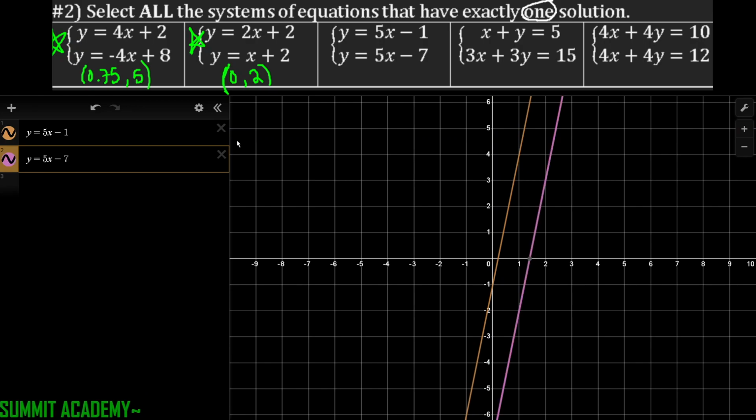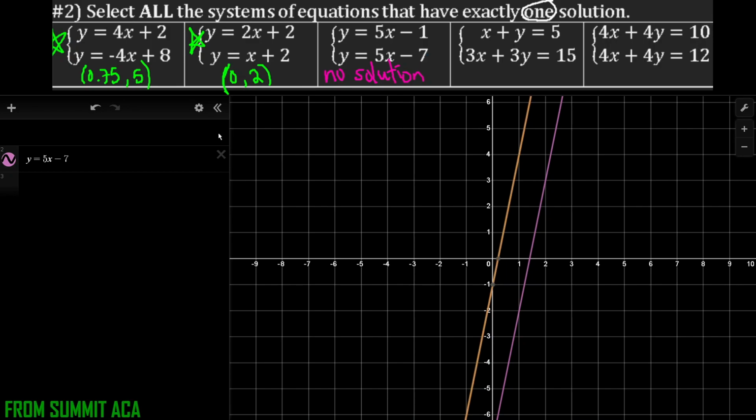And so what I notice is, for these 2 lines, both of them have a slope of 5, but they have different y-intercepts. So I'm going to say that for this system it has no solution. Sorry, this is going to be no solution. Again, we're only picking the ones that have exactly one solution.